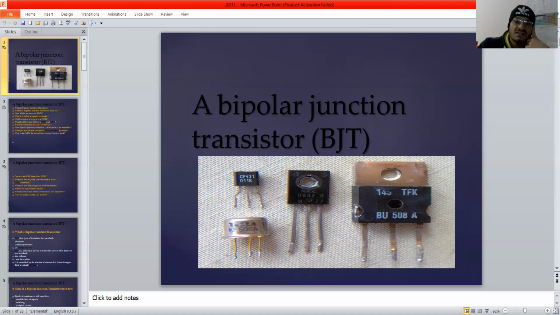Bipolar transistors are still used for amplification of signals, switching, and in digital circuits. Specialized types are used for high voltage switches, for radio frequency amplifiers, and for switching heavy currents. The most important things to us will be the switch and the amplifier.